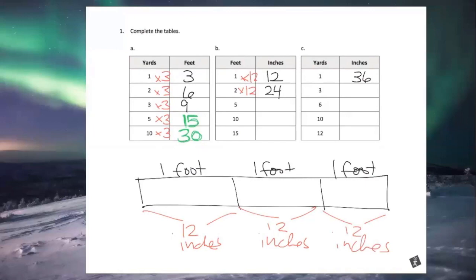So if this whole thing is 1 yard, we see that that's equal to 36 inches, because 12 plus 12 plus 12 is 36. Pretty straightforward. Well, that means our conversion factor, our multiplication, is going to be times 36.